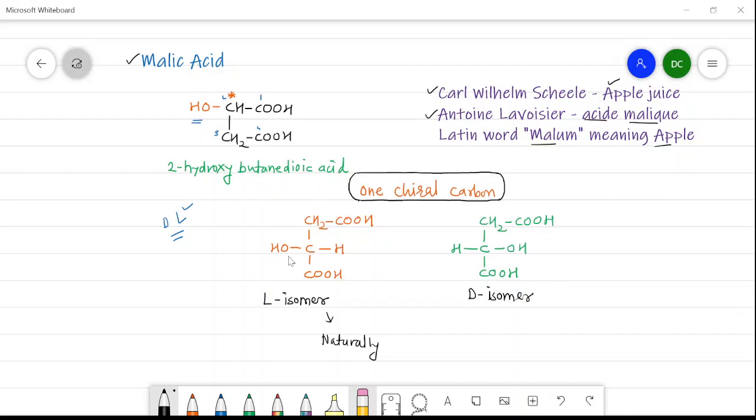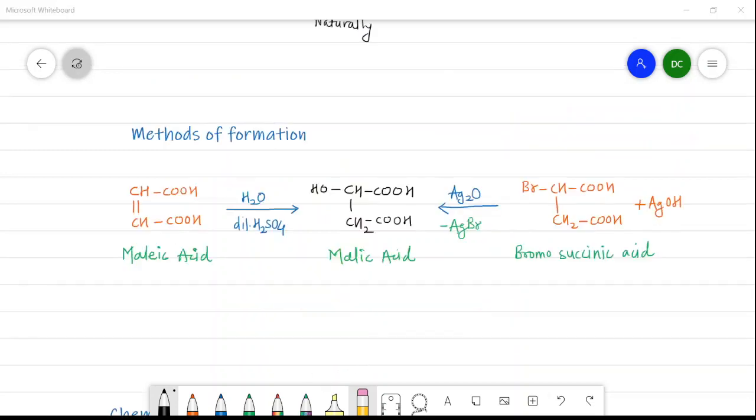Now we will see the methods of formation of malic acid. We will see two methods. So this is the first method. It is from fumaric acid. When this acid is treated with water in the presence of dilute H2SO4, a hydration reaction occurs, and in this hydration reaction the water molecule adds across the carbon-carbon double bond.